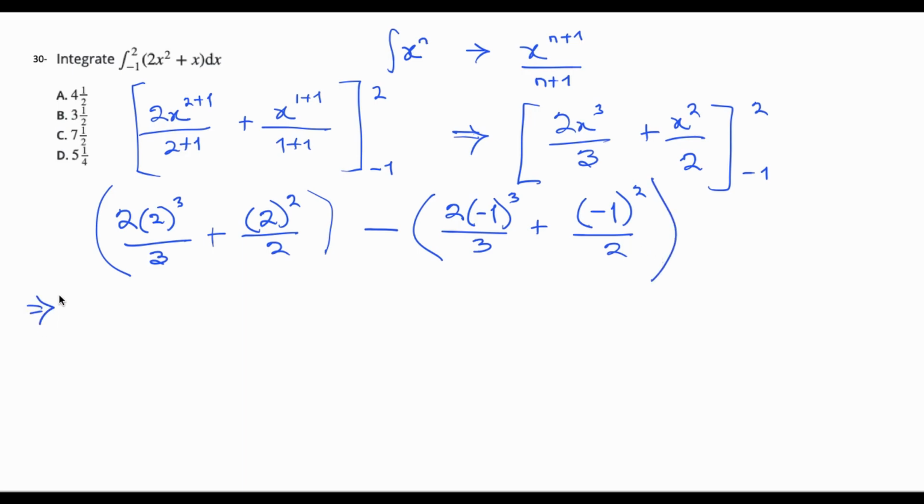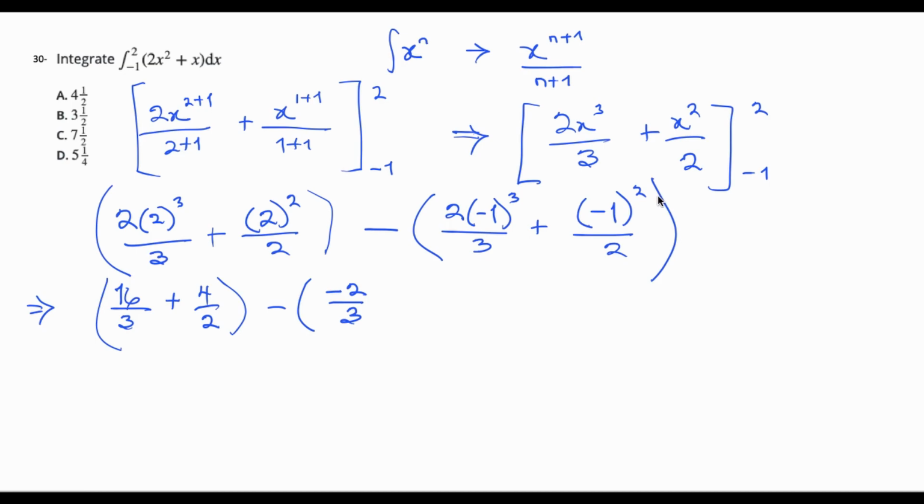So this is equal to 2 cubed is 8. Now 8 times 2 is equal to 16 over 3 plus 2 squared is 4 over 2, minus 1 cubed is minus 1 times 2, that's minus 2 over 3.